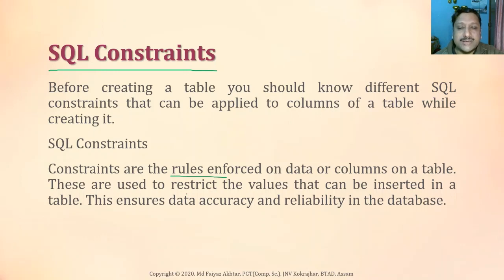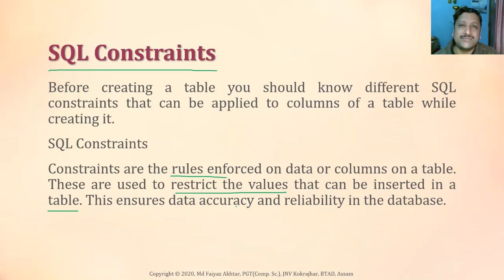These are used to restrict the values that can be inserted into the table. Restrict in the sense that illegal or invalid values are restricted. Suppose a date field is there and you want to enter 30th February, then this will automatically be restricted.